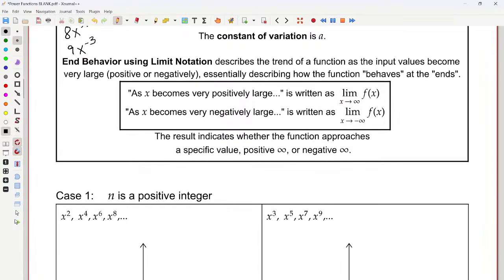End behavior using limit notation. Bottom line up front, it stands for what happens on the ends of our graph. That's really it. That's way more wordy than it needs to be, but it's there. End behavior, for instance, for a parabola, rises on both ends.